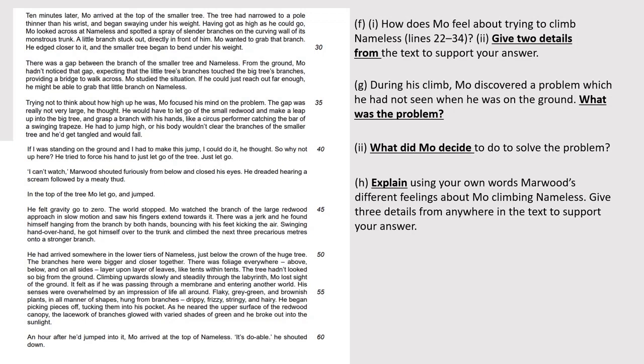So I can say that the first thing is that Marwood says he can't watch and he's quite furious about it because Mo is putting him through this whole show. Then he is sure that Mo might fall. All right, so he's quite pessimistic. I think he might be nervous too. Marwood might be nervous. All right, and from here I can just find these three answers.